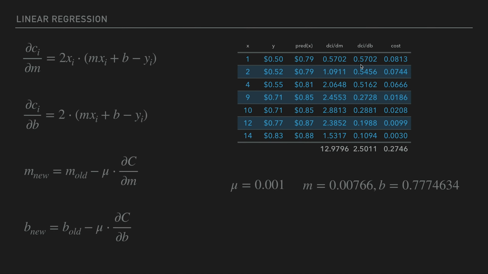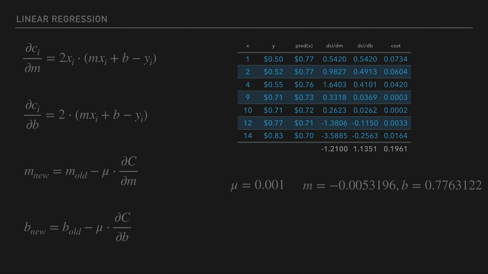After updating the b value for the first iteration, we ended up with b being this number. It's very close to the actual number, but we have decreased the cost a little bit more, which is what we're aiming for. So let's run two more iterations and see what we end up with. Okay, so after a few updates, this is still not the best model, but that's because we've only run 2 or 3 iterations.